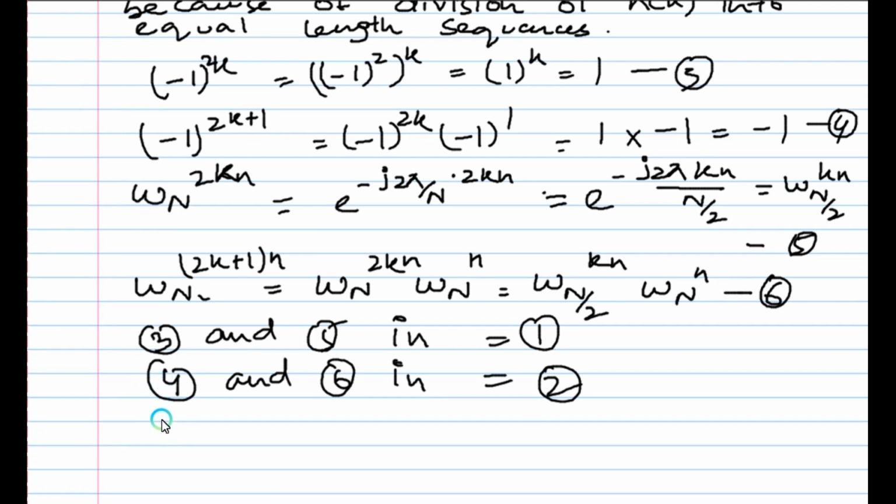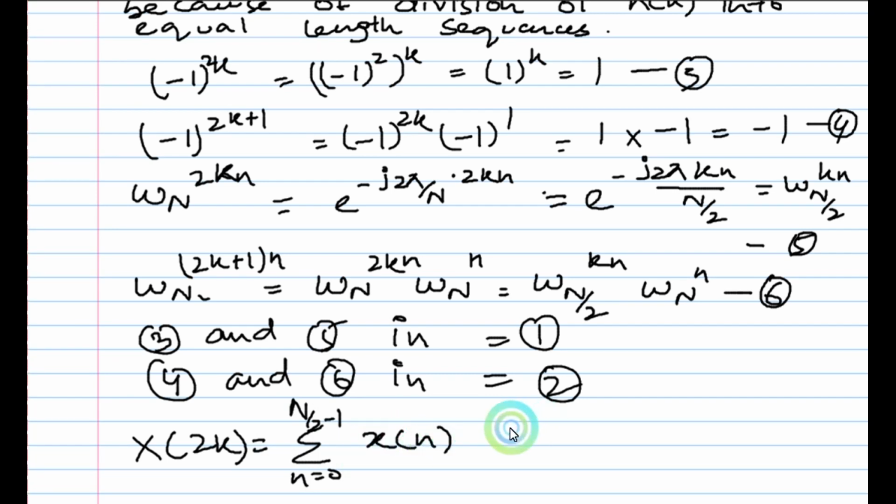So what I will get: x of 2k will be equivalent to summation n running from 0 to n by 2 minus 1 of x of n, then we had minus 1 raised to power 2k here, so instead of that I will get 1. So I'll write plus 1 multiplied by x of n plus n by 2.